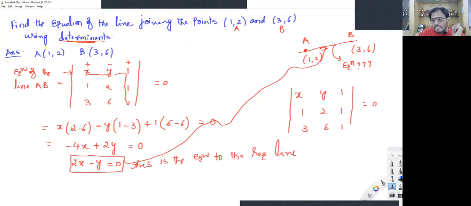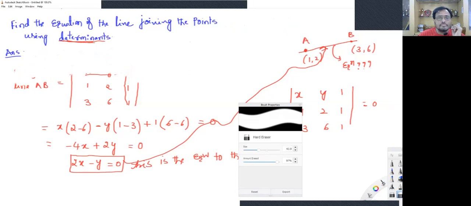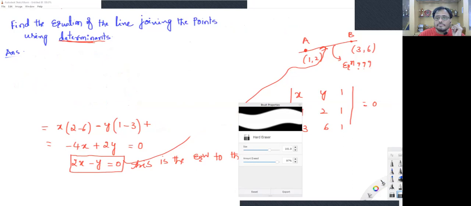Now I'll go for one more example. Same heading, only I'll change the points.